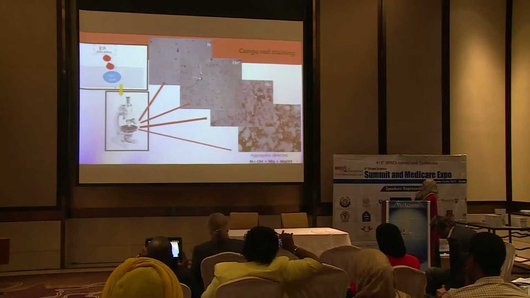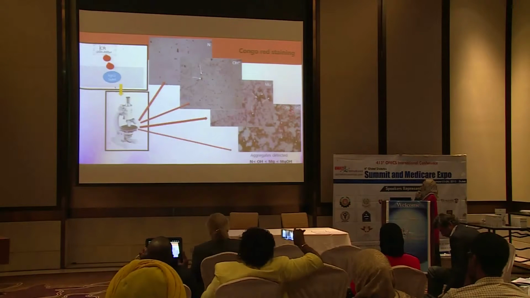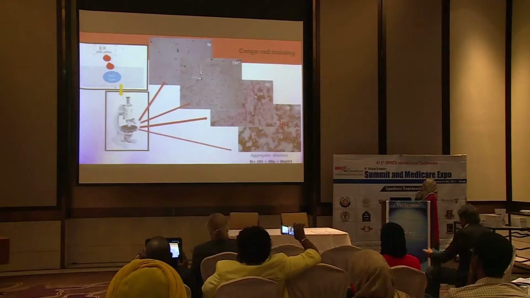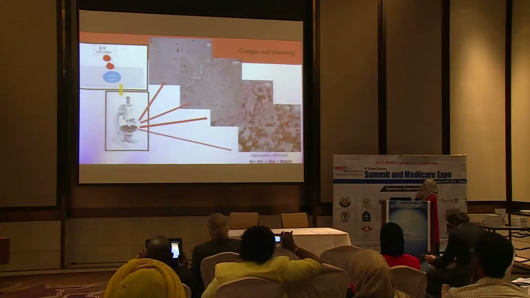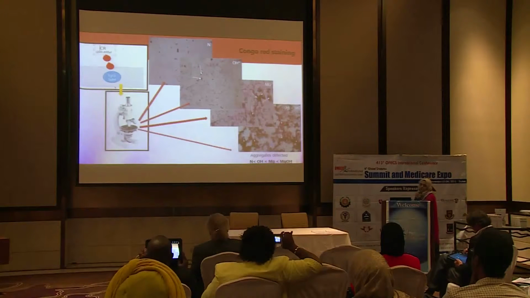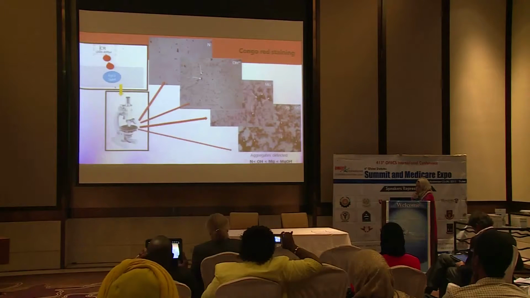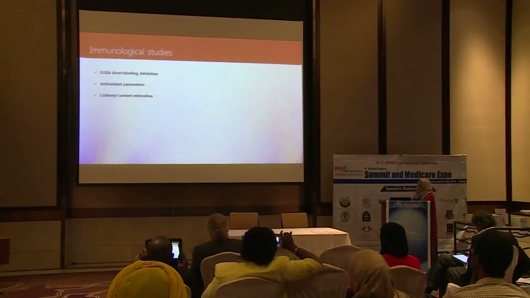It has been found that in the hydroxyl and methylglyoxal modified protein, very high aggregate formation was detected. This shows that there is high damage. This aggregate may be due to cross-links that are formed when the protein is modified by a combination of the two. It was followed by the immunological studies.